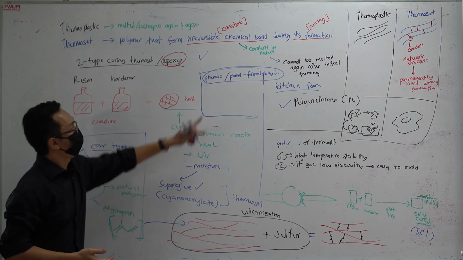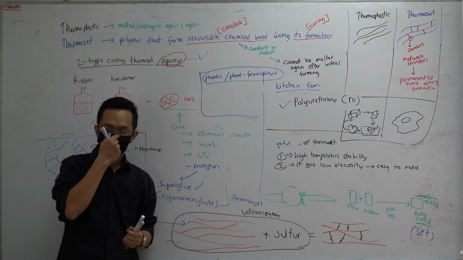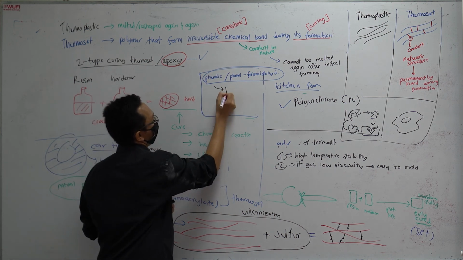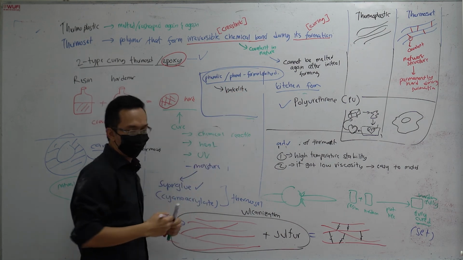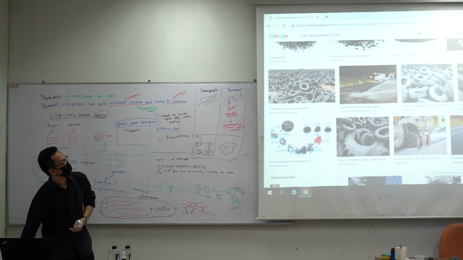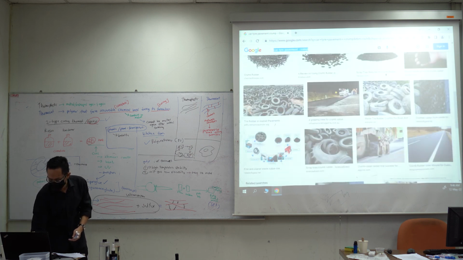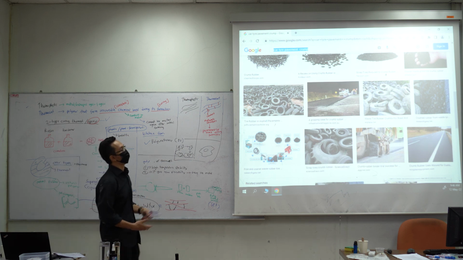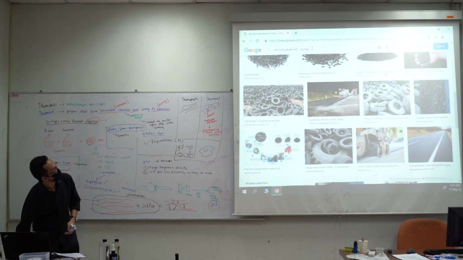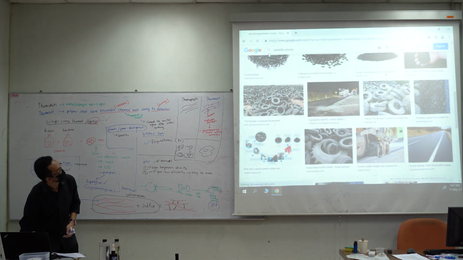An example of a material made from this phenolic is bakelite. In the first class, I asked some of you to present in front, and some of you presented about bakelite. Bakelite is one of the first synthetic polymers produced by humans.